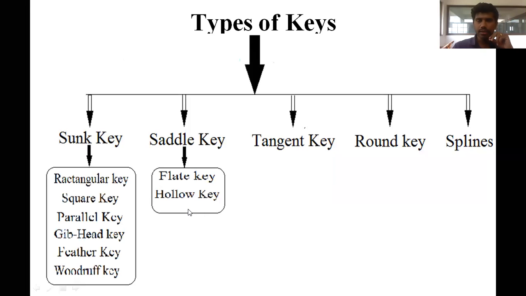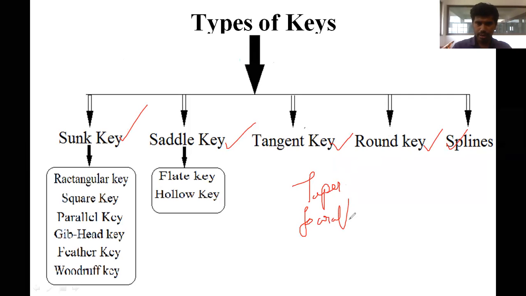Coming to the next, we have the types of keys. Sunk key, saddle key, tangent key, round key, and splines. Basically, we generally have taper keys and parallel keys. These are the types.